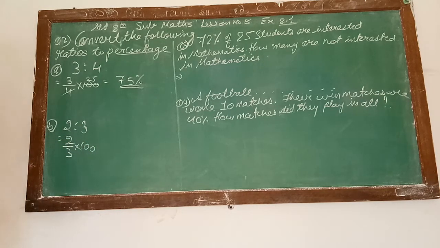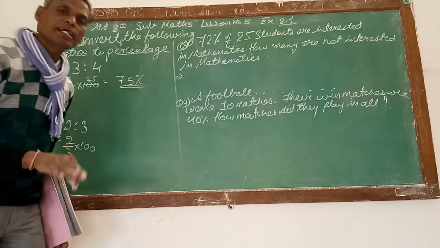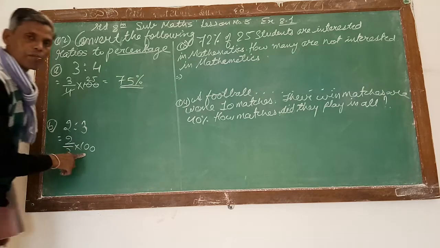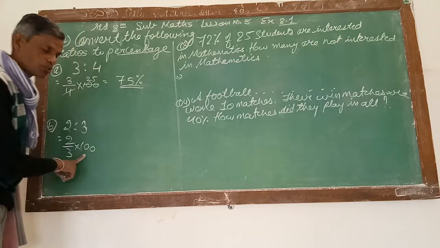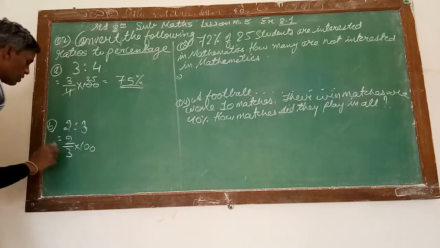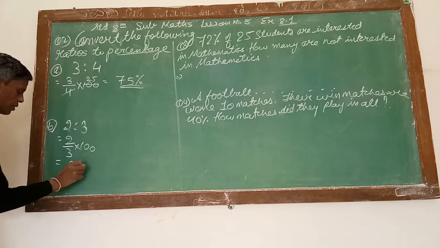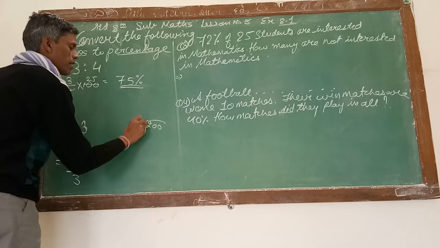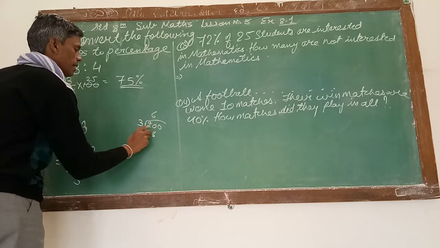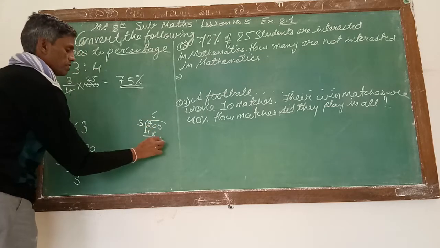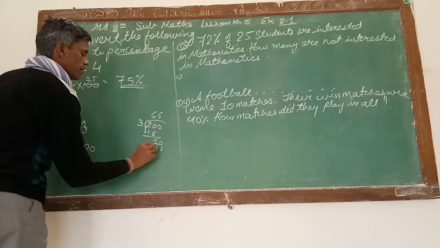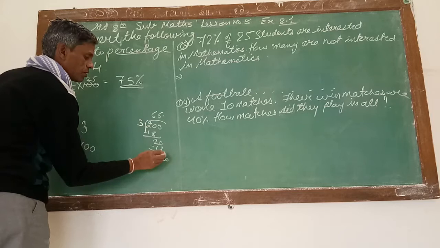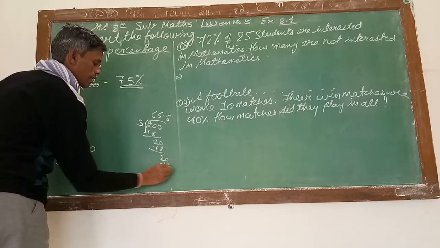Again we are multiplying by 100 because we are converting into percentage, and percentage is always calculated on 100. Now 3 will not cut 100 and 2 will not be cut by 3, so we will multiply 2 and 100. 2 hundreds are 200, so 200 upon 3. This 200 will be divided by 3. 3 sixes are 18, remainder 2. Bring this 0 here. 3 sixes are 18, remainder 2. 2 is smaller than 3, so we will put a point here and a 0. 3 sixes are 18, again remainder 2.